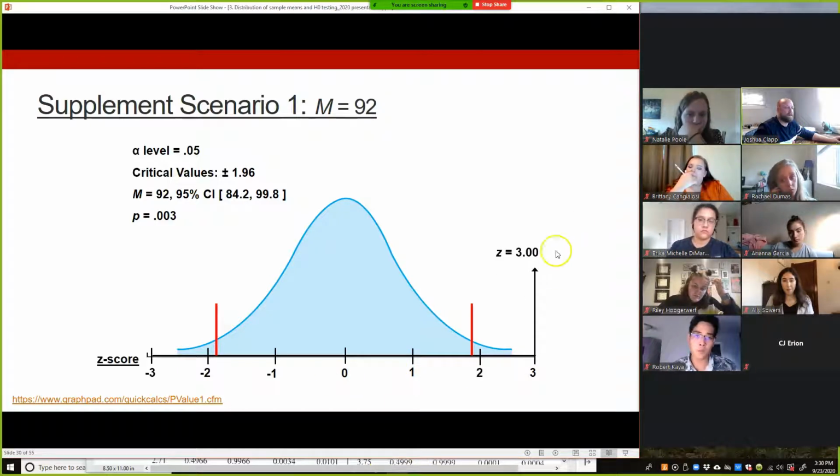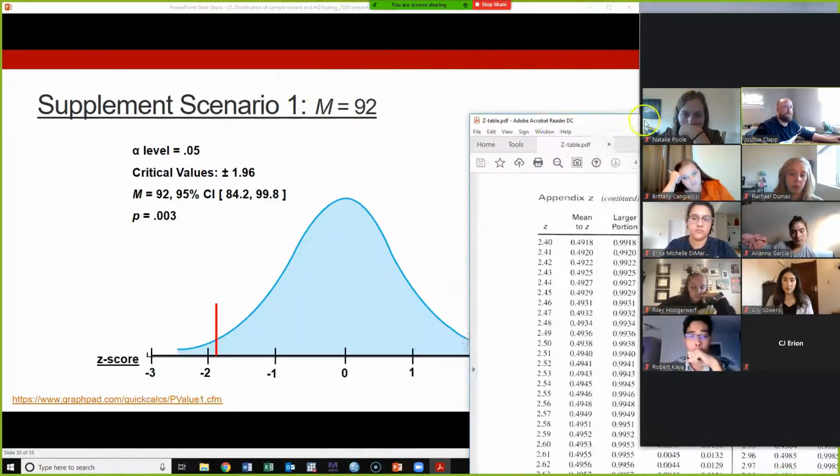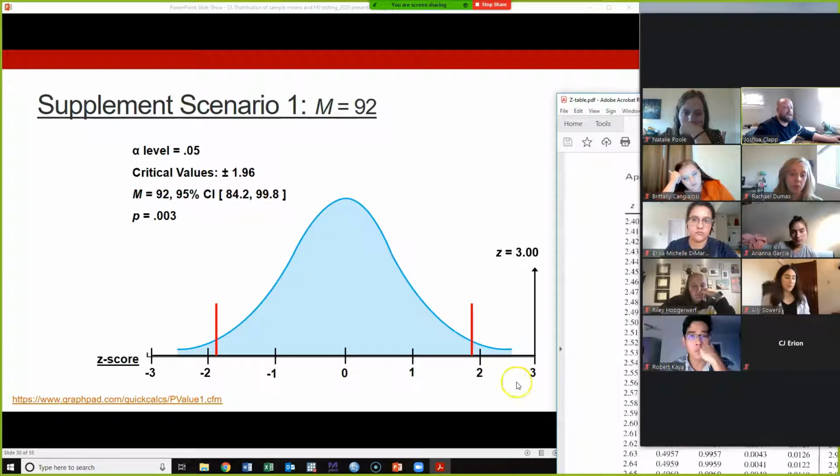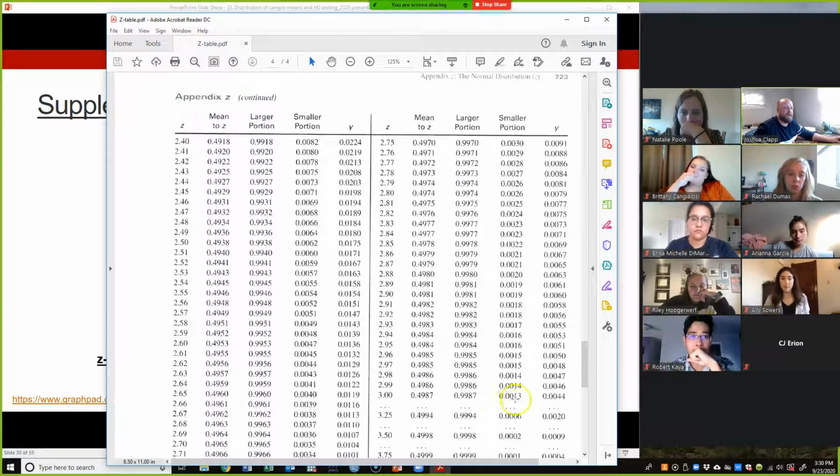Remember this? If I go through and find the proportion of the probability in the tail that extends beyond this 3 point, I'm going to find that my proportion in the tail is 0.0013.